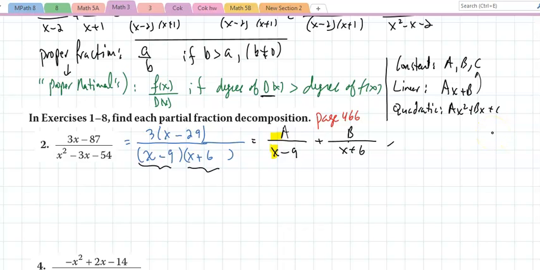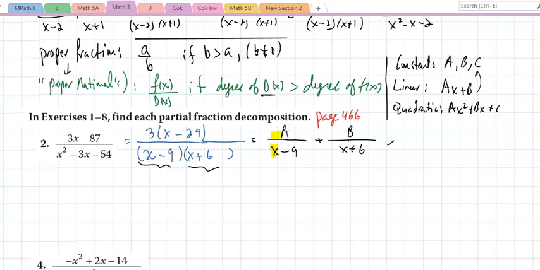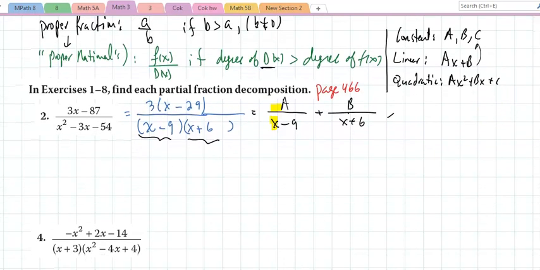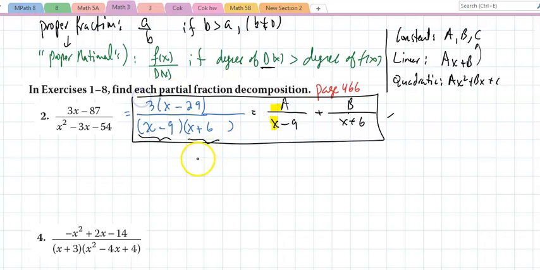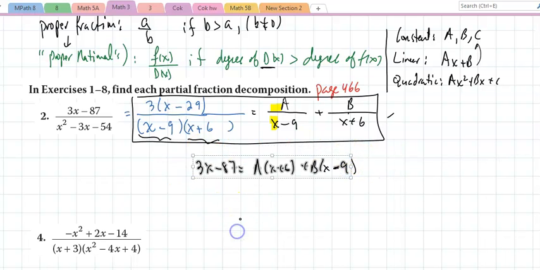The way they do it in the book, they use systems of equations. We have a much more efficient way. The way they do it in the book, they say, look, those two are equal. Clear the fractions. 3x minus 87 equals, get a common denominator on the right, so wouldn't that be a into x plus 6 plus b into x minus 9? And this is where we're going to differ from the book.